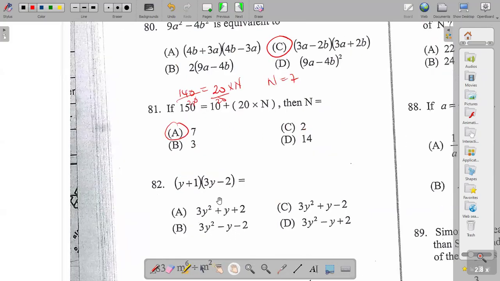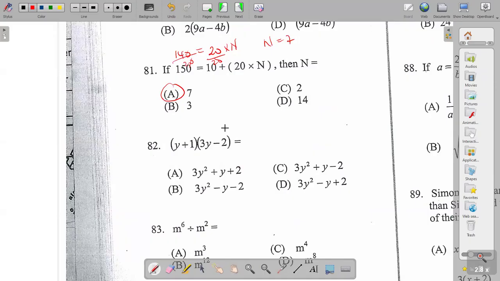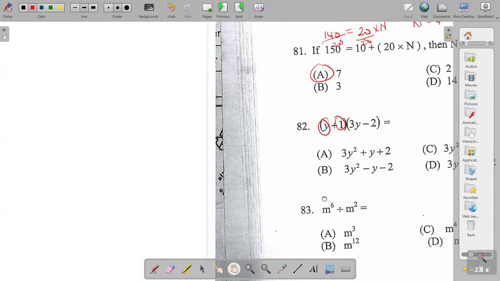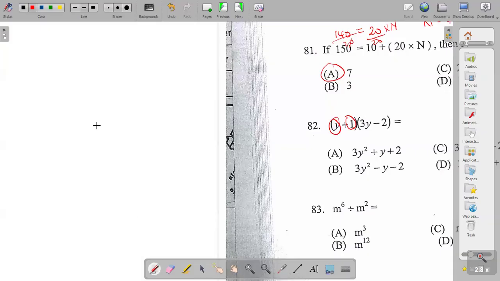All right, if we expand the brackets, we separate these two. So again, this is just a bulletproof approach. So it's going to be y times the bracket plus 1 times the bracket. So y times 3y minus 2 plus 1 times 3y minus 2.